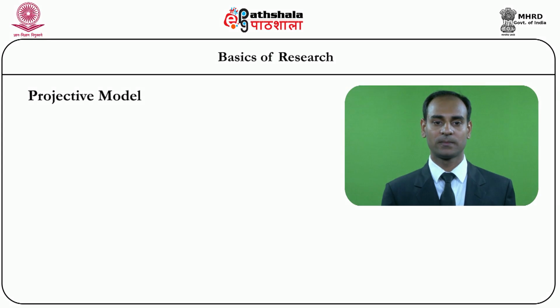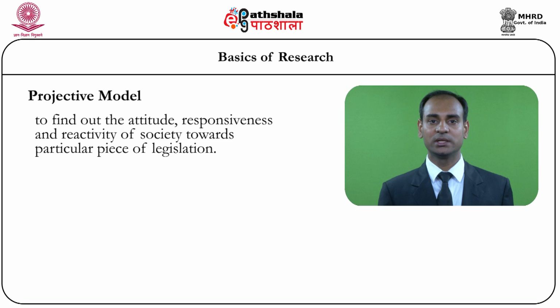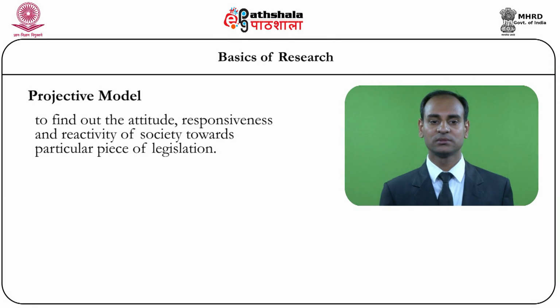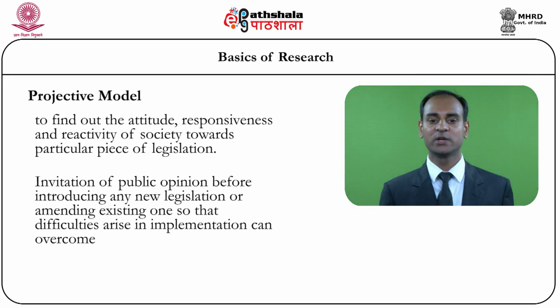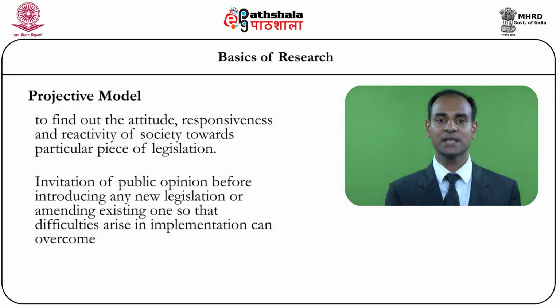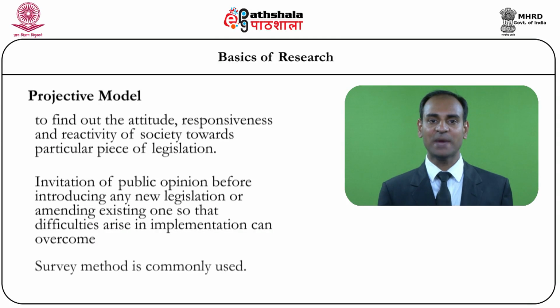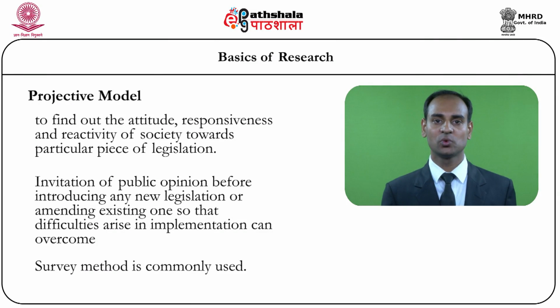Next is the projective model. The projective model is used to find out the attitude, responsiveness, and reactivity of society towards a particular piece of legislation. Public opinion is invited before introducing any new legislation or amending an existing one, so that difficulties arising in implementation of policy can be overcome. The survey method is usually used with this projective model to find out the social response towards any legislative action.